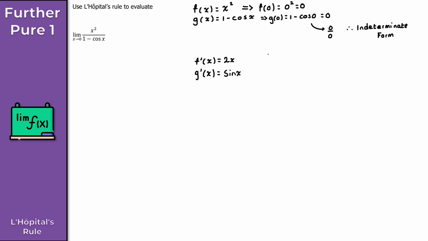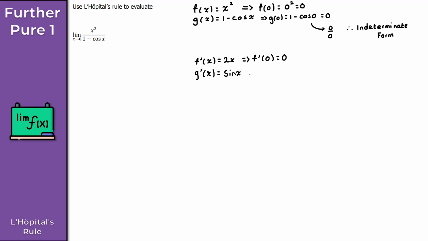Okay. Now, what I should check for here is whether, again, we have an indeterminate form, which my suspicion is that we do. So again, we take this value of x equals 0 and substitute that into f prime and g prime. So f prime of 0 here is 2 times 0, which is just 0.